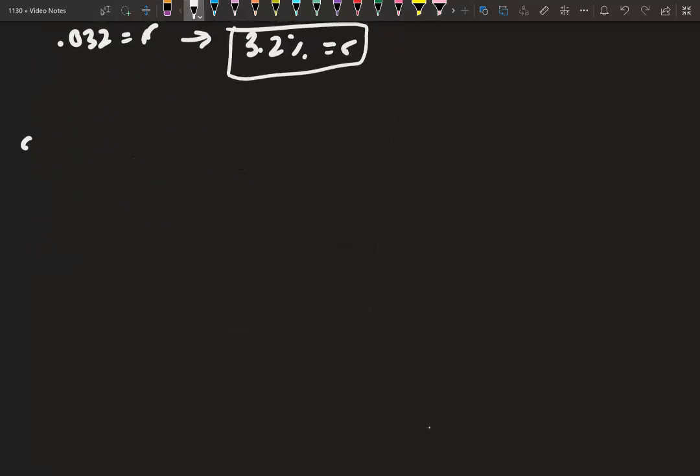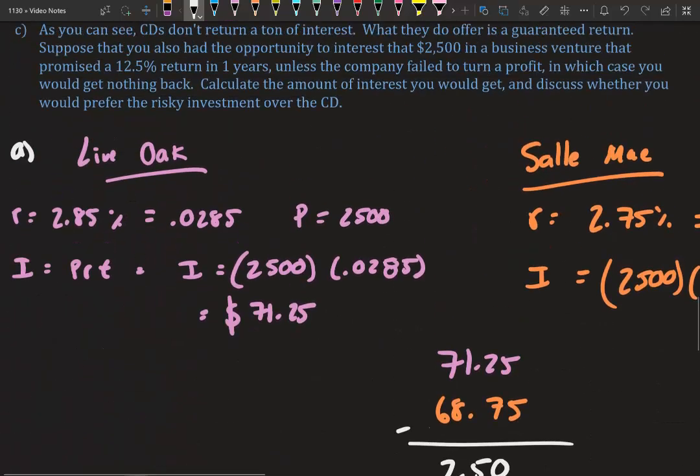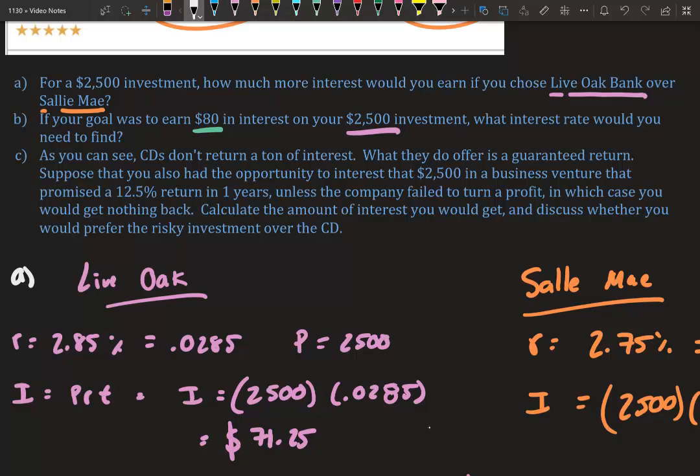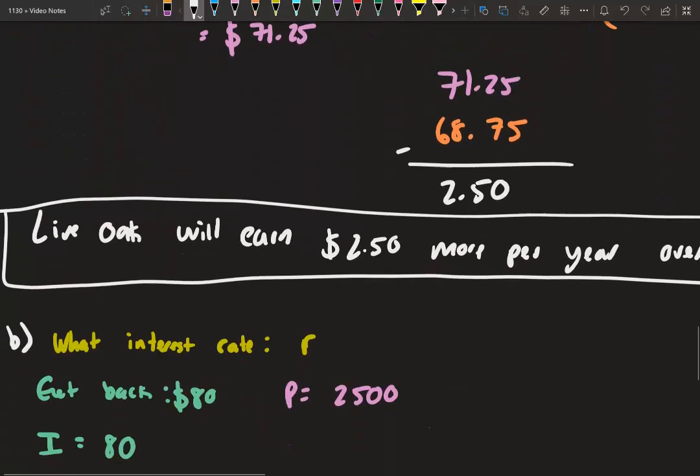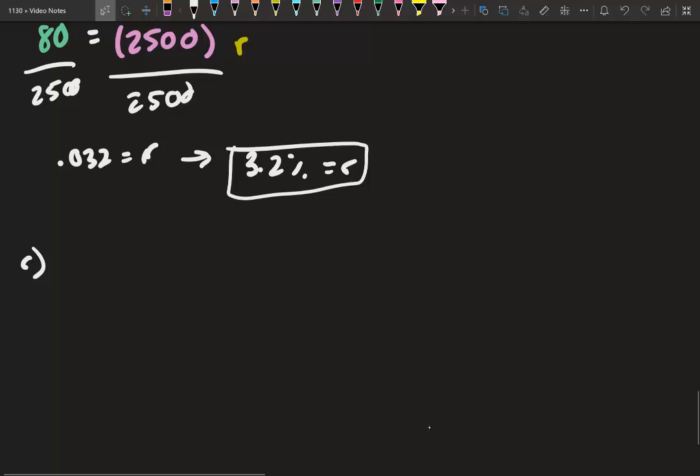So it told us that our CD, the CD that we're talking about, is part B, where we earn $80. So that's guaranteed. A CD is guaranteed, you are going to get this money back. So you're guaranteed $80 earned.